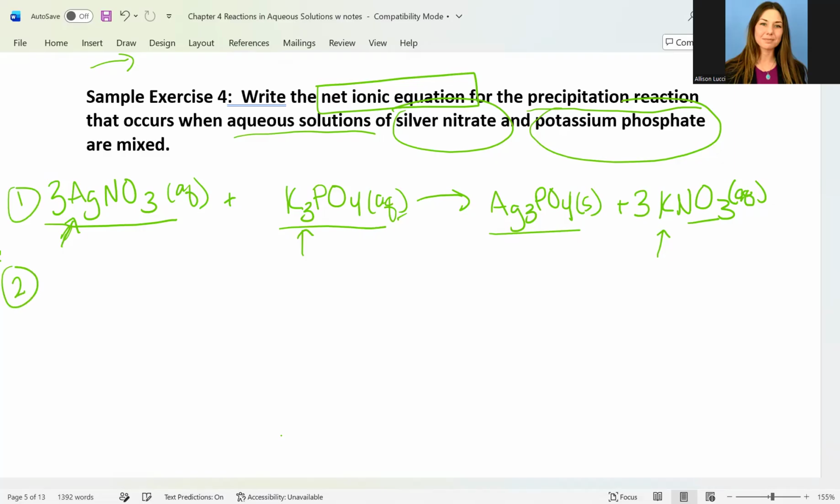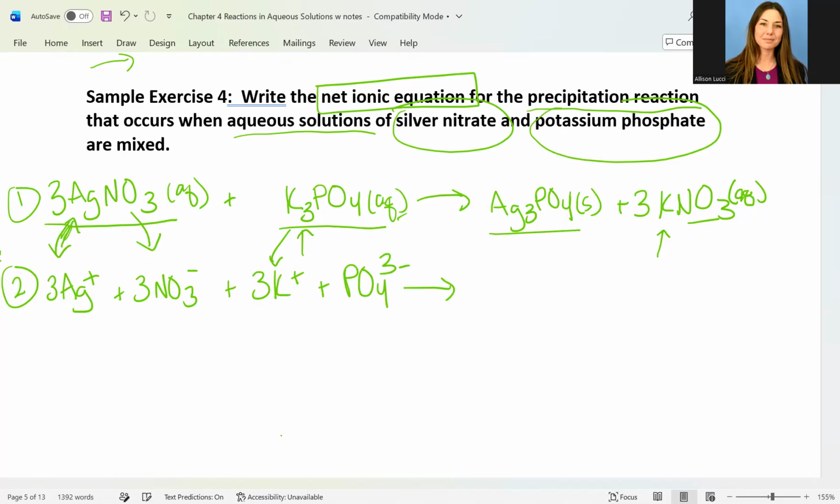Now let's move on to step 2, where we're going to break apart these salts, these ionic compounds, into the ionized forms that they would appear in aqueous solution specifically. So I'm going to have 3 Ag+ and 3 NO3-. The phase for these would also be aqueous, but to save space, I won't write them. Now I'm going to break down my potassium phosphate, so I'm going to get 3 K+ and then 1 PO4 3-.